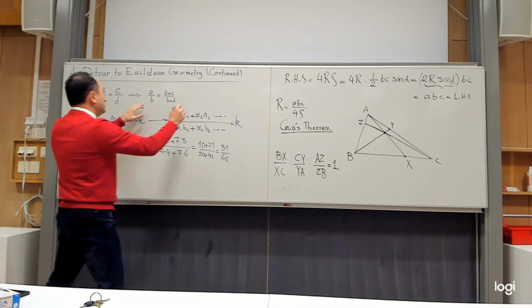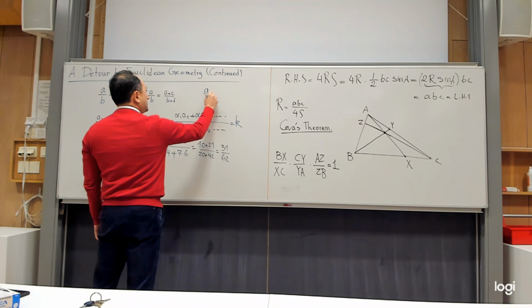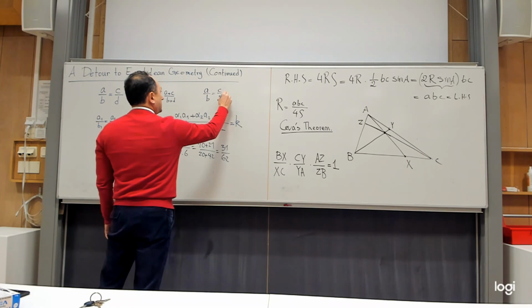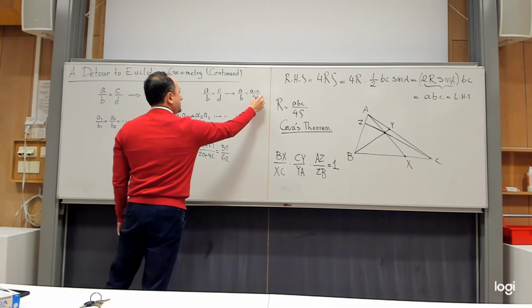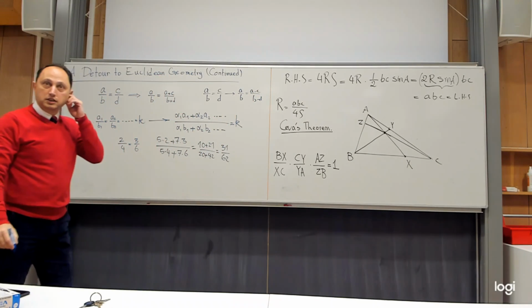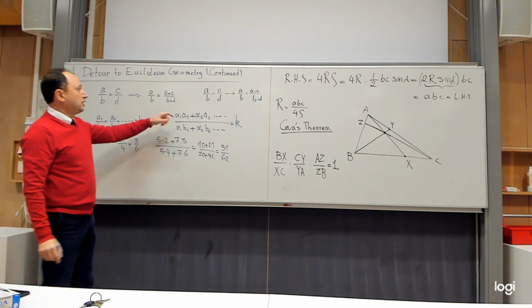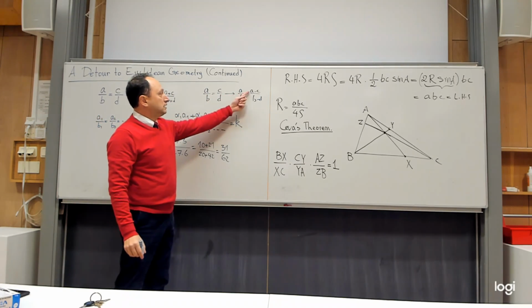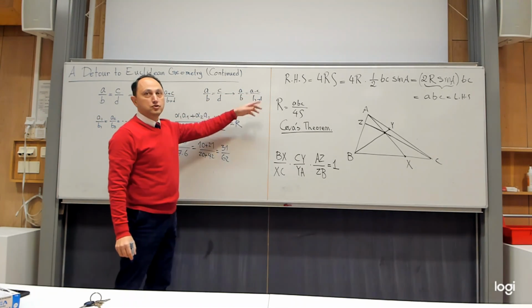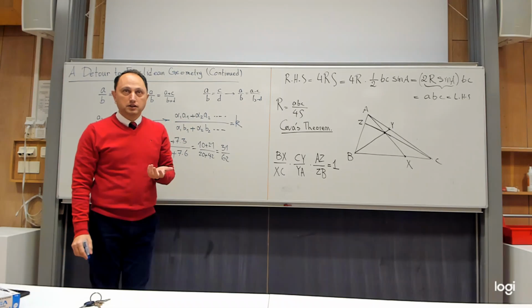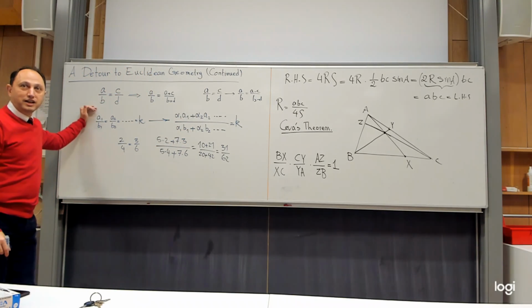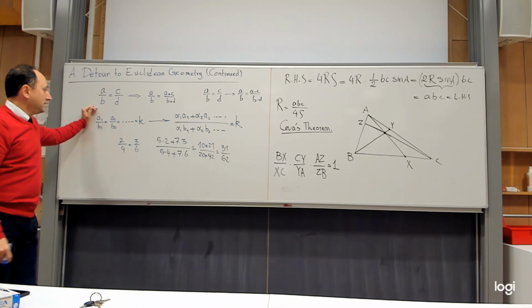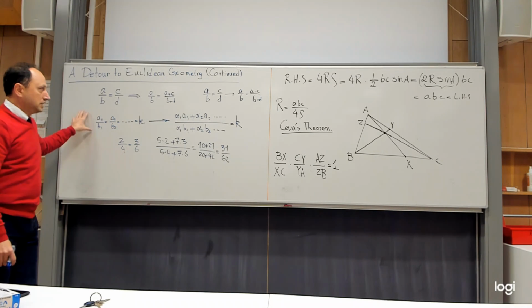And I can do the same thing. If A over B is equal to C over D, can I conclude that A over B is A minus C over B minus D? Yes, this time I choose alpha 1 equal to 1, but alpha 2 is chosen to be equal to minus 1. So these are very interesting and non-trivial things that you can do with these fractions that are equal.